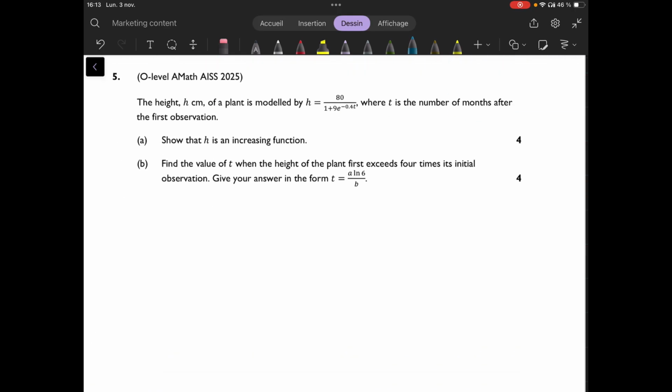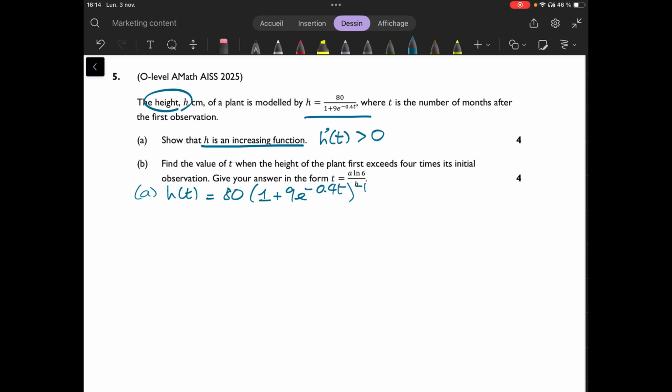Question 5. You have the height of a plant given as an exponential model. To show that h is an increasing function, we need to show that the derivative of h, or h prime of t, is strictly positive. So, h of t is 80 times (1 plus 9e to the negative 0.4t) to the negative 1.